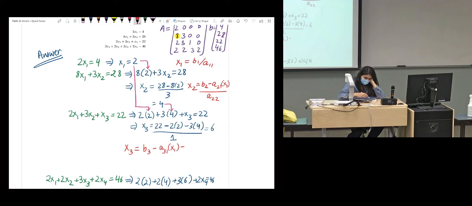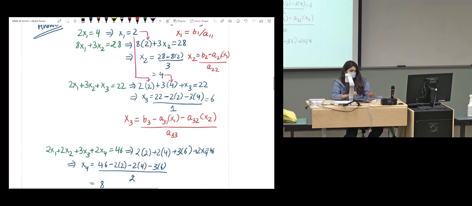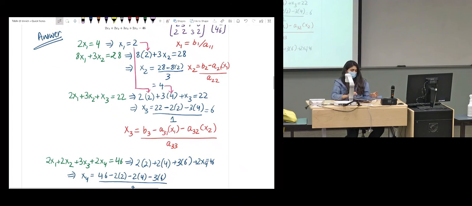So this term right here in our third row and second column is A32 times x2, which we found was 4, divided by the coefficient of x3 in the equation, which from my A matrix is at the position A33. And that's it. That's how we build our general form, and we know that the general form works because we substituted it to solve our problem.